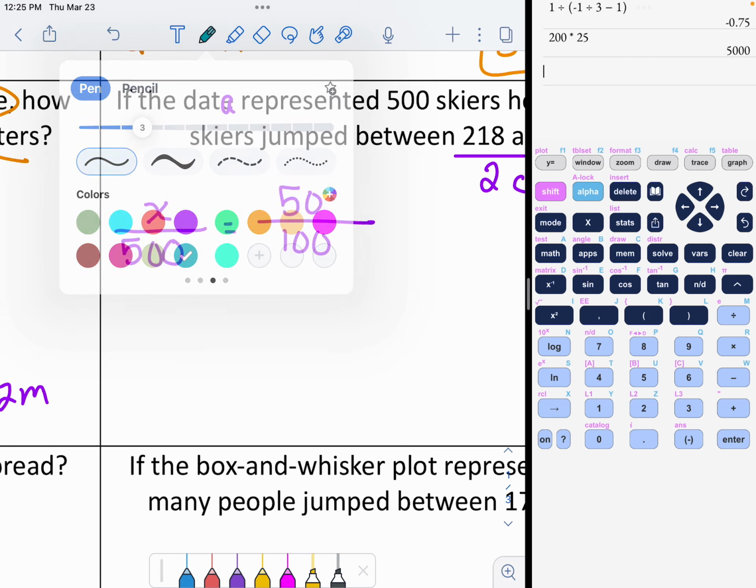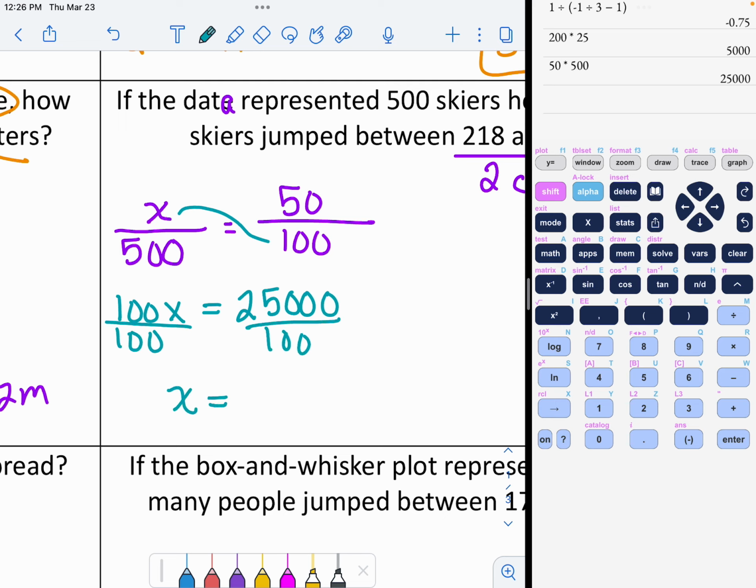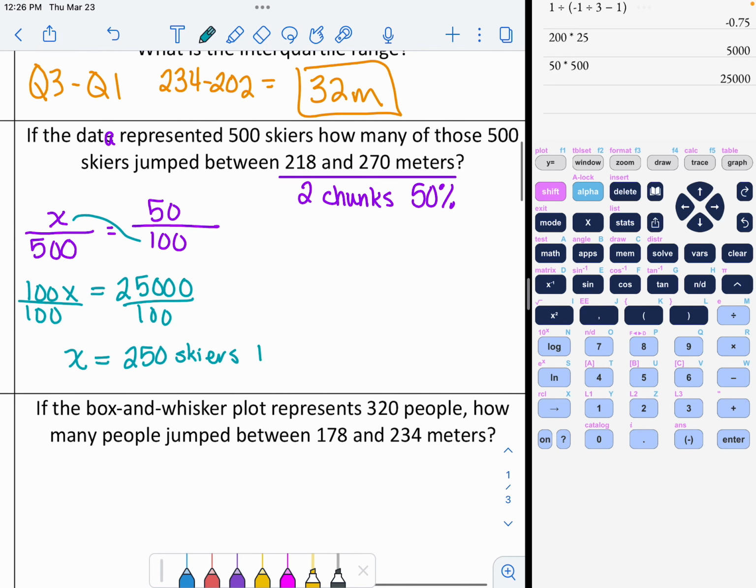So we will cross multiply to get 100x equals 50 times 500, 25,000, divide by 100, and x would equal 250 people or skiers. And that's how many skiers jumped between 218 and 270 meters.